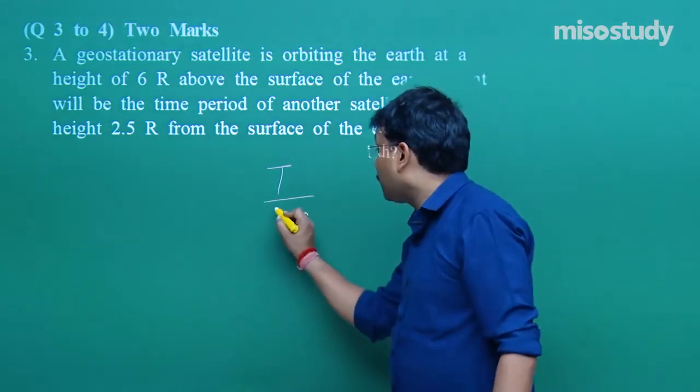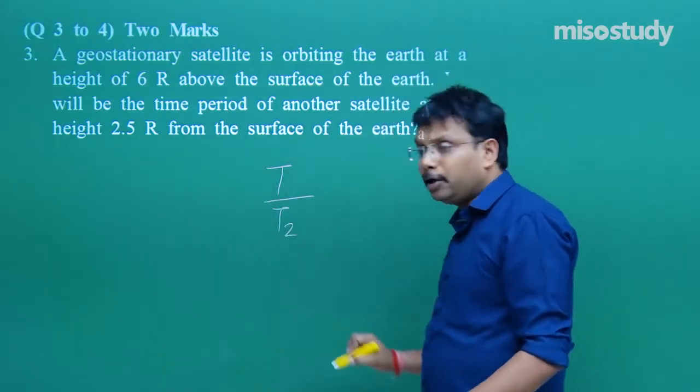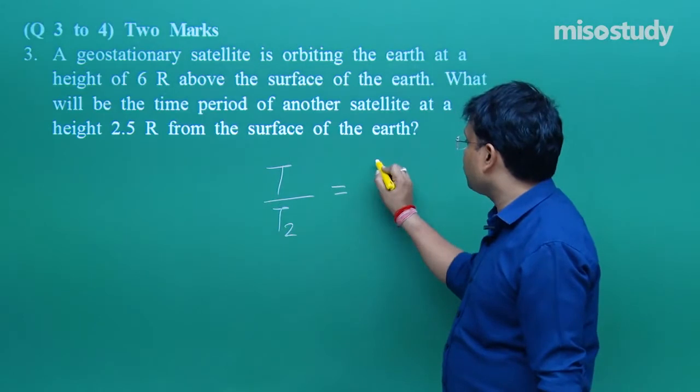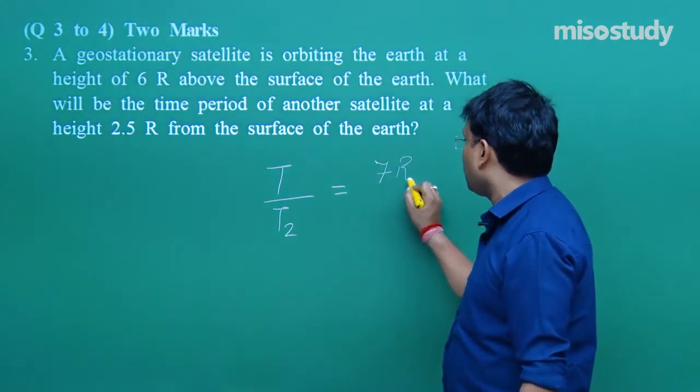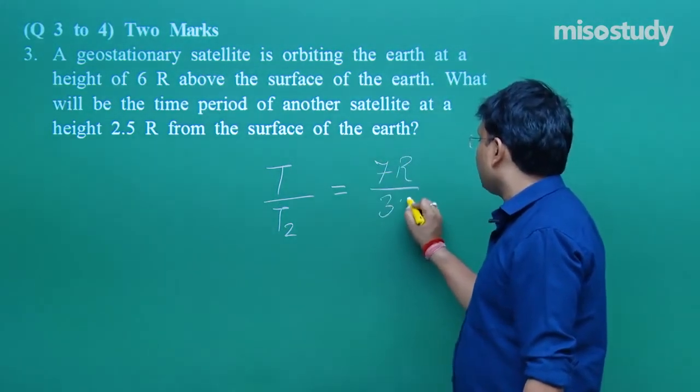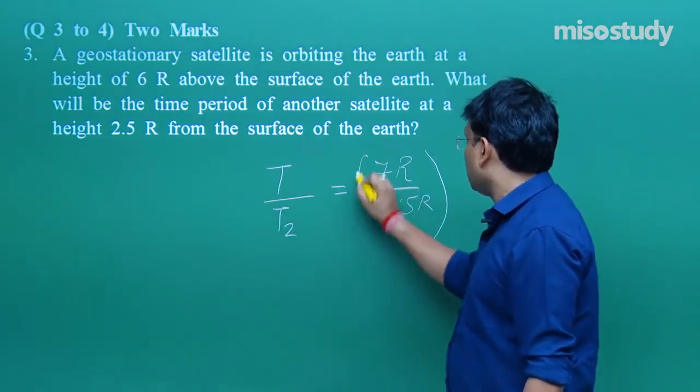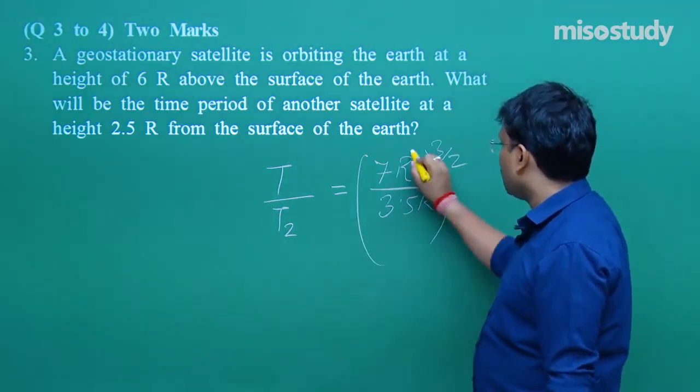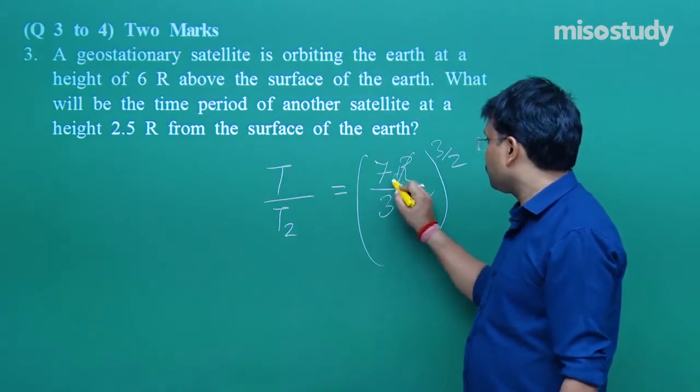We will put it like that. And then it is T2. So for that reason it is going to be 7r over 3.5r, whole to the power 3 by 2. r cancels, it is 70.